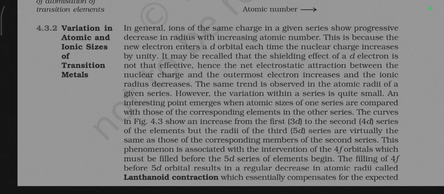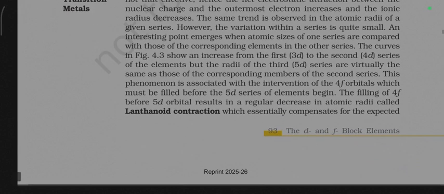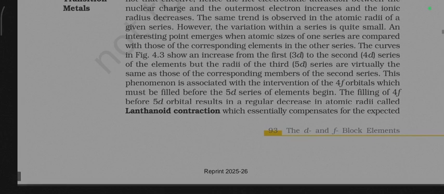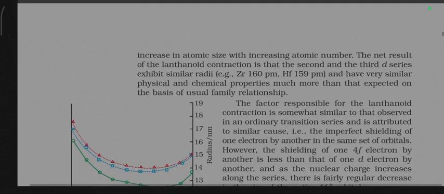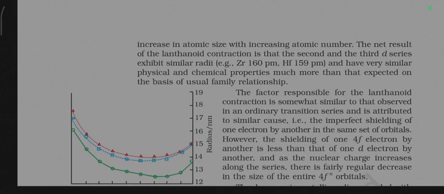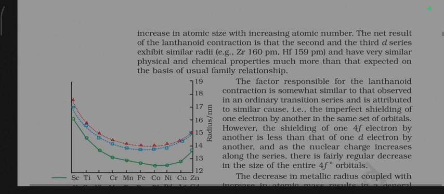The filling of 4f before 5d orbitals results in a regular decrease in atomic radii called lanthanoid contraction, which essentially compensates for the expected increase in atomic size with increasing atomic number. The net result of the lanthanoid contraction is that the second and third d series exhibit similar radii and have very similar physical and chemical properties, much more than expected on the basis of the usual family relationship.